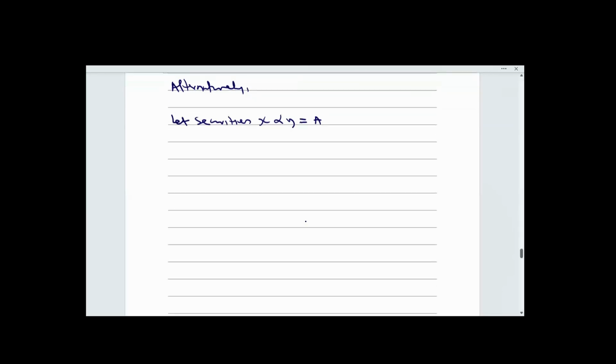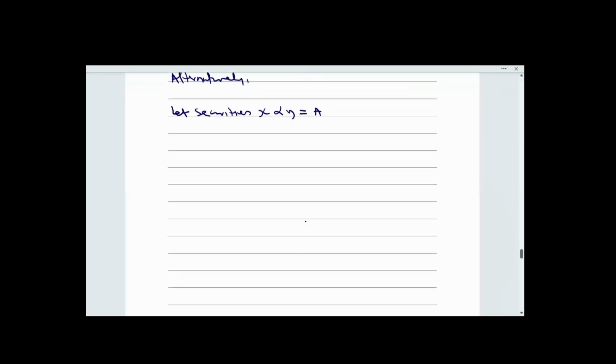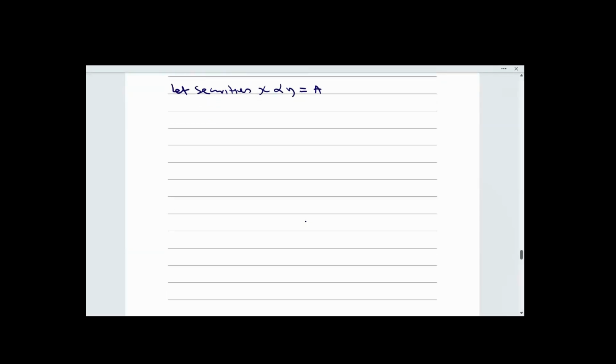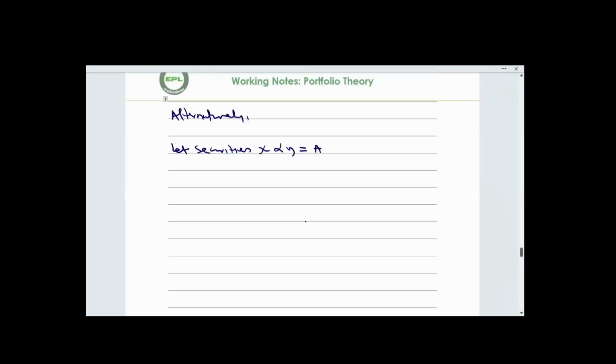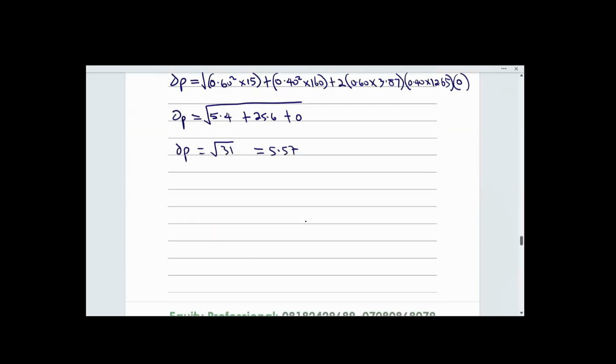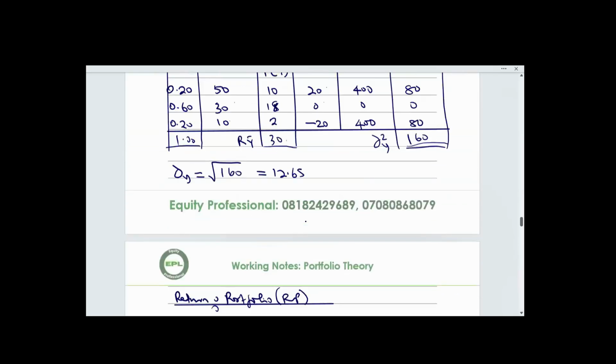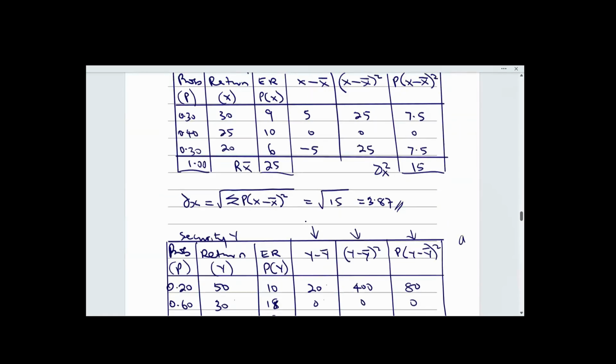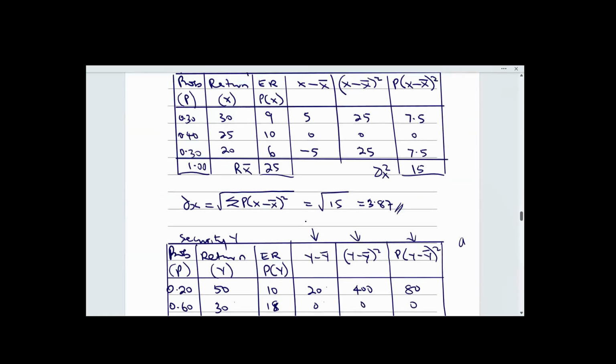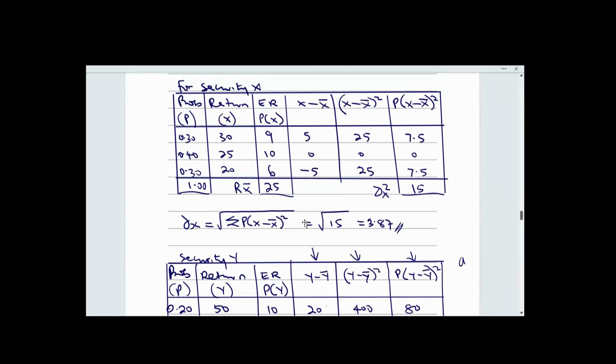Now, there are three different probability of security X and Y. So that means 3 multiplied by 3. So we are going to have 9 possible outcomes. In the question, we are given probability of security X is 0.3, 0.4, then 0.3.